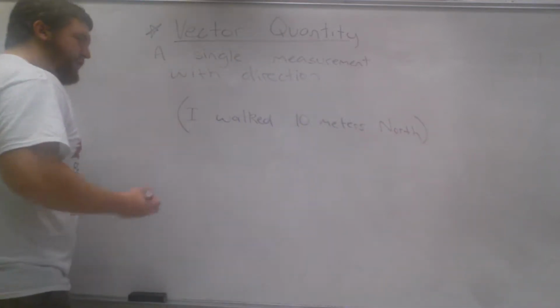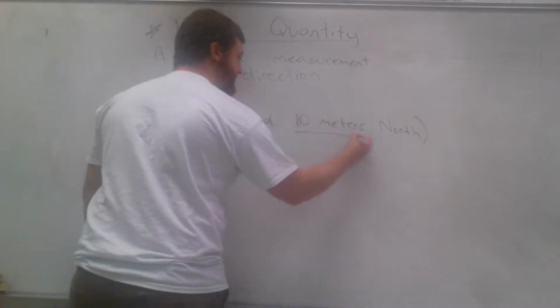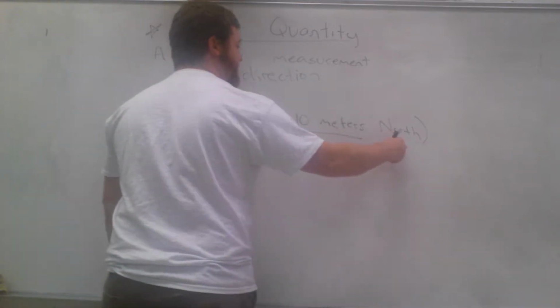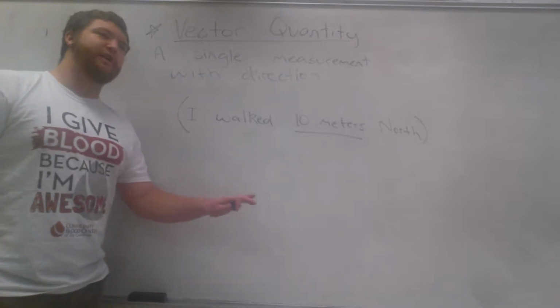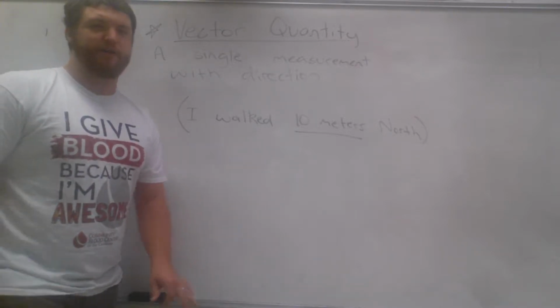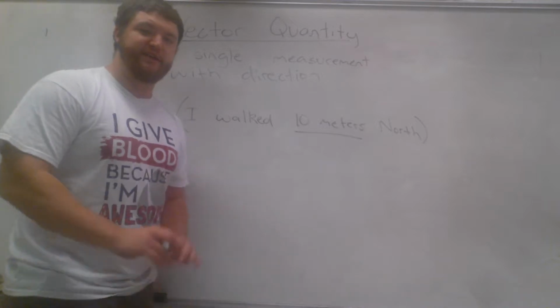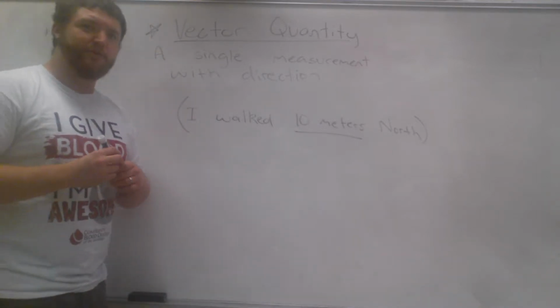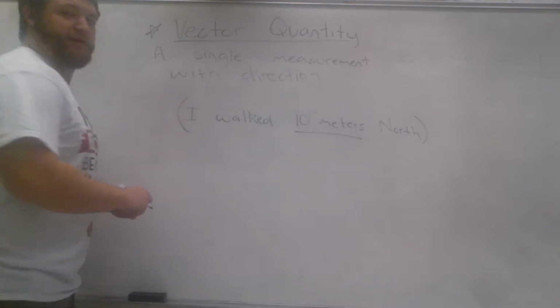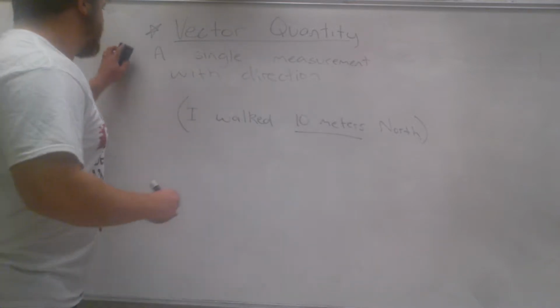So, what's the distance? Well, the distance is 10 meters. Do I have direction? Yes, I went north. Even if I put the temperature went up to 65 degrees, that would technically be a vector quantity. If it has any form of direction, it's a vector quantity. And this should be given because you know what a vector is, even though I'm getting ready to define it.